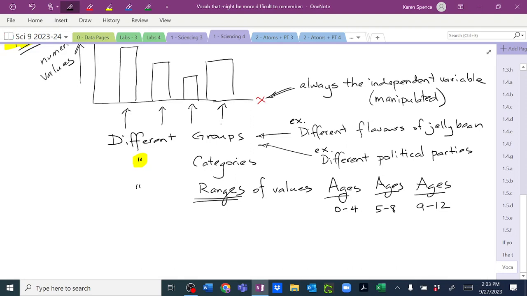But I don't have a specific number, okay? It is a range of numbers. So it's not a specific number, it is a group of values.